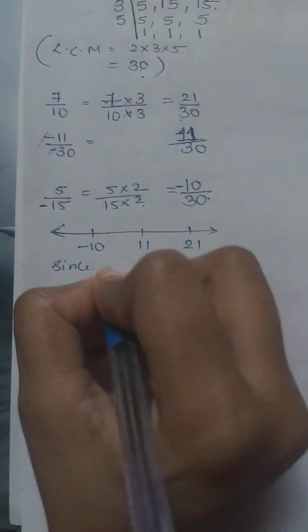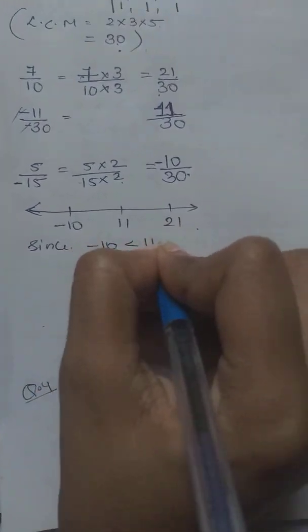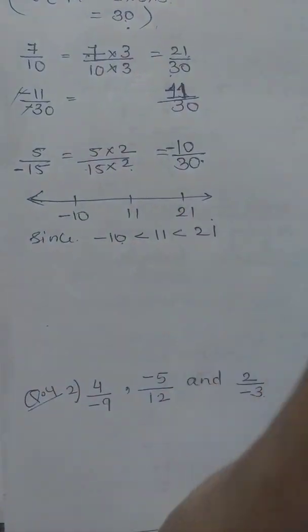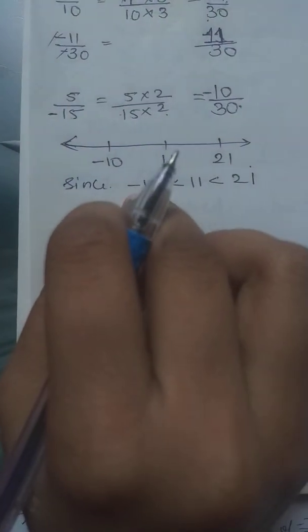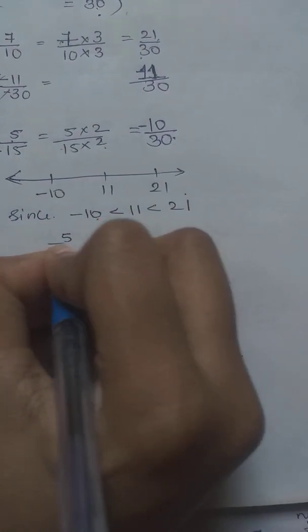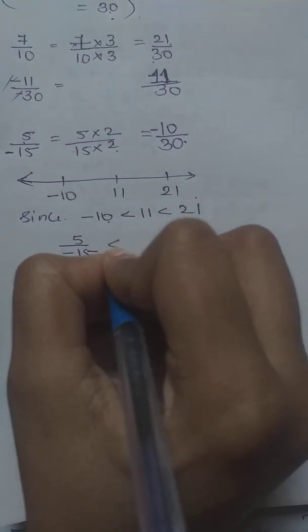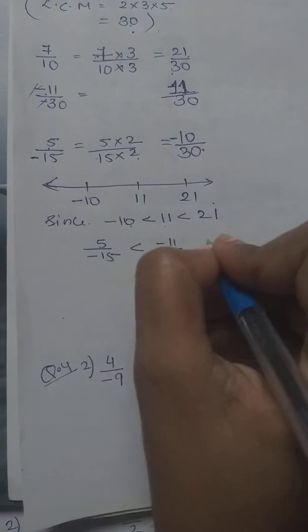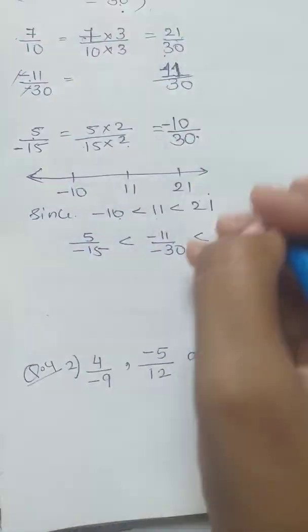Since minus 10, minus 11 and 21, this is the smallest number, ascending order. So minus 10 means this number, 5 by 15, minus 11 means minus 11 by 30. So I'll write the question, and then 21, that is 7 by 10.